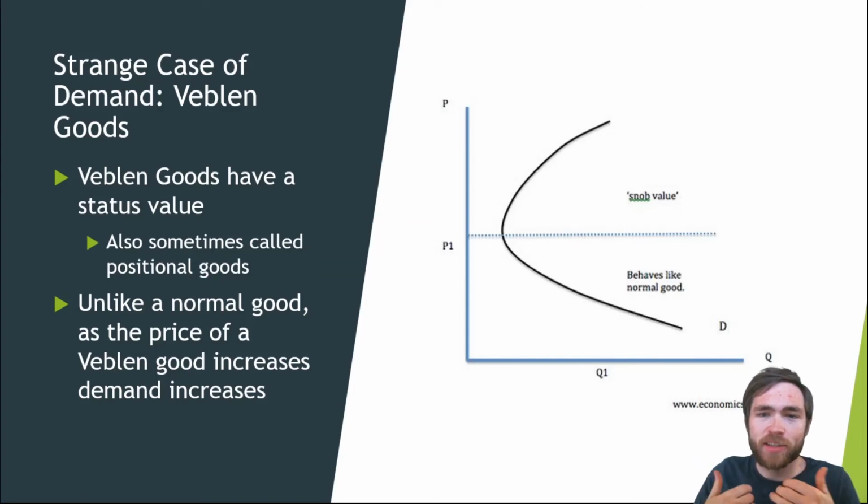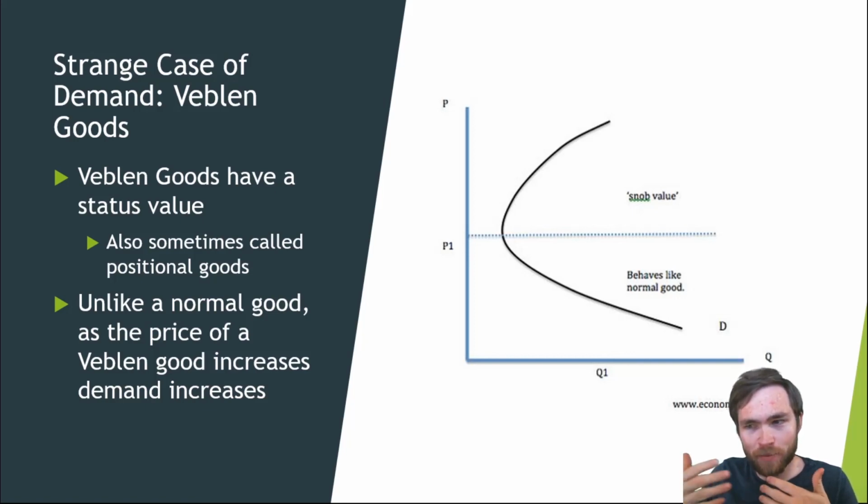Another strange case that is really interesting is that of a Veblen good. So a Veblen good has a demand curve that's got this kind of sideways U shape. They're also sometimes called positional goods. And so unlike a normal good, as the price of a Veblen good increases beyond a certain point, demand actually begins to increase for that good.